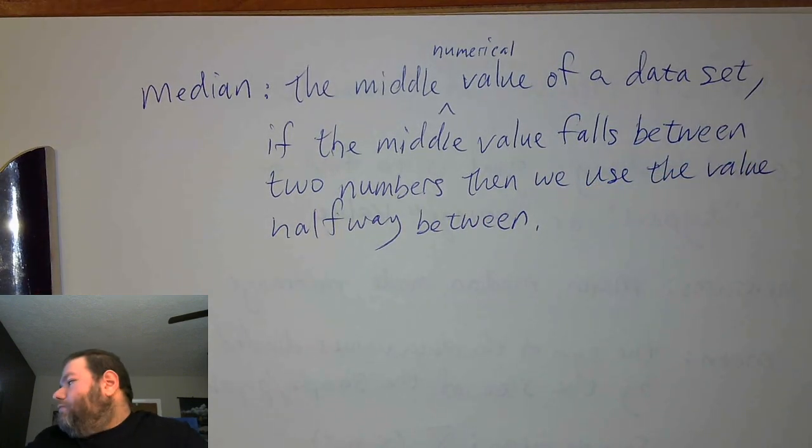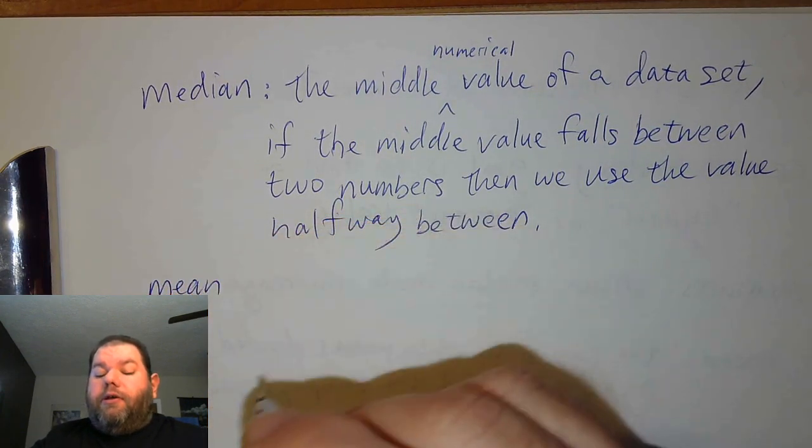And mainly that depends on whether we have an odd number of data values or an even number of data values. For an odd number, the middle value will be one of our data values, but if we have an even number, then the middle will fall between two data values. That's just the way it is.